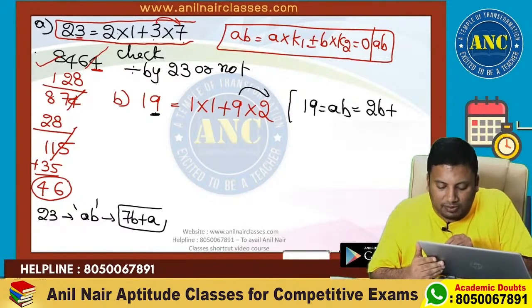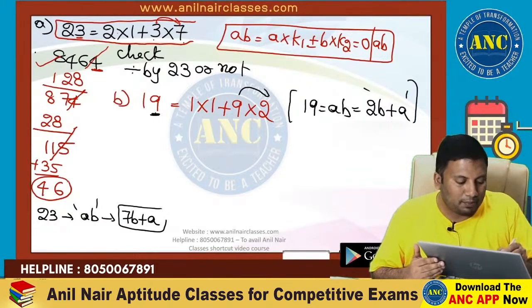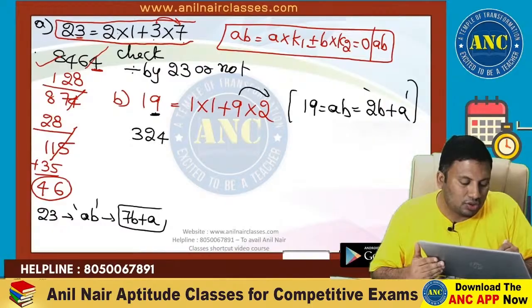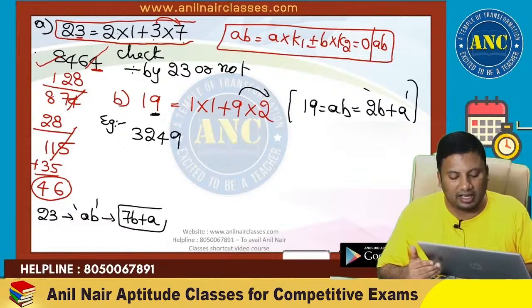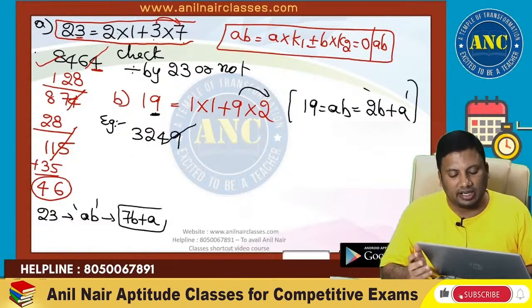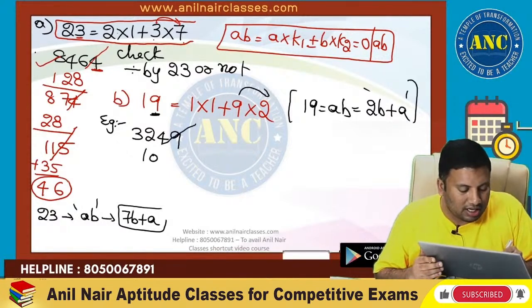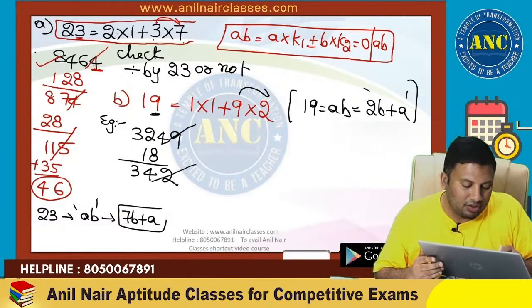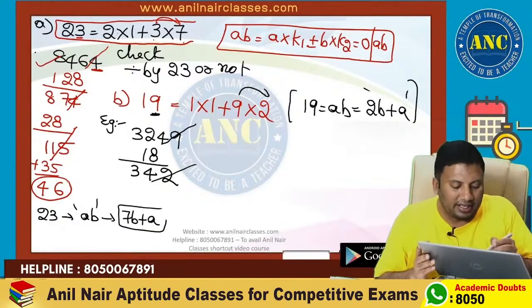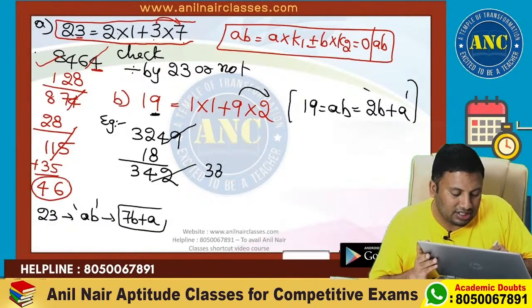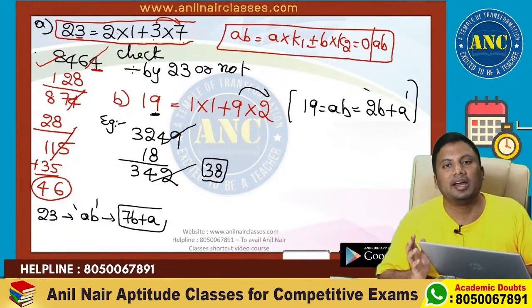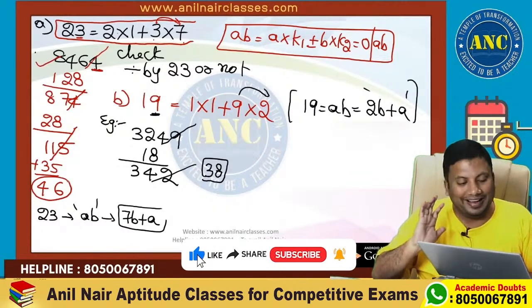So the divisibility rule of 19 is 2B plus A. Suppose for example, 3249. Check whether it is divisible by 19. Take the unit digit, double it. 9 2s are 18. Add it, 342. Take the unit digit, double it. Add it, 38. 38 is divisible by 19. I hope the idea is clear.